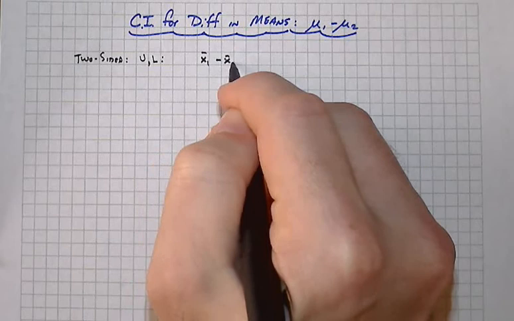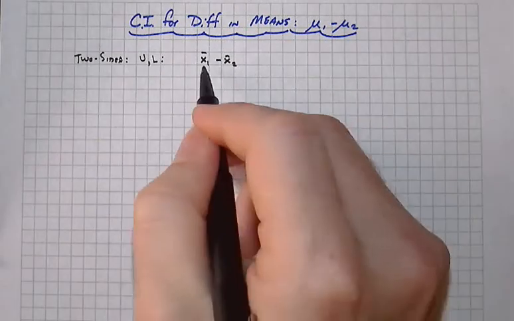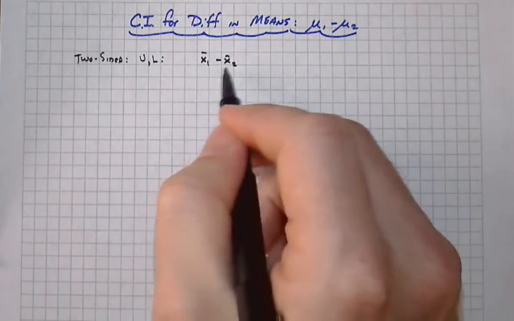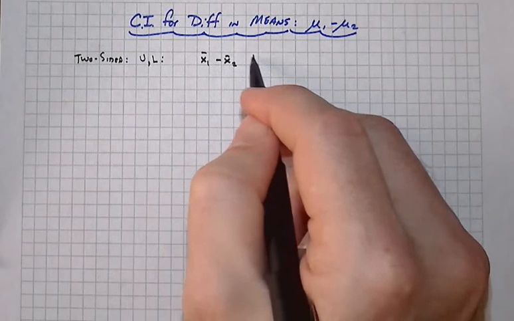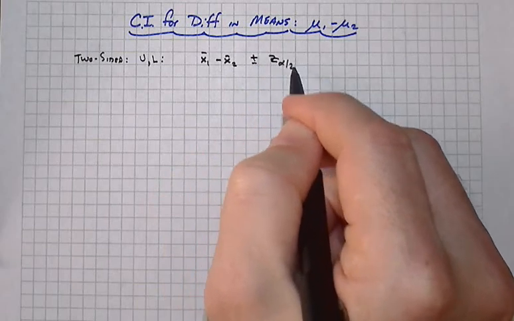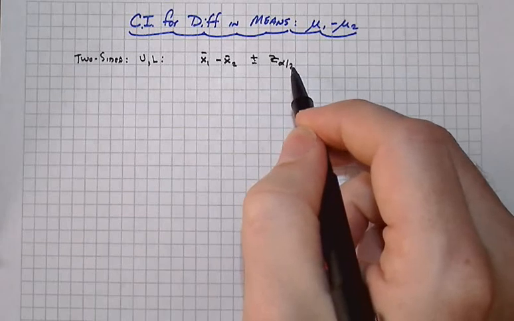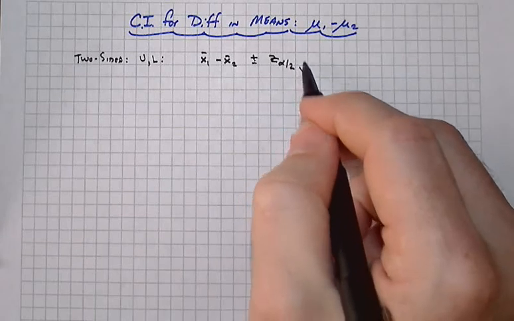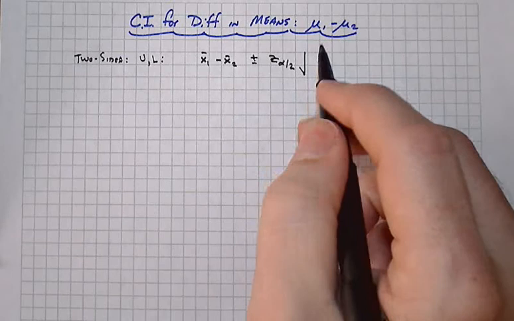for the differences in our two means can be found from first looking at the differences in the sample means, and then plus or minus the z alpha over 2. Now this is just a general one here, and we're going to broaden this out in a moment for a different set of conditions.